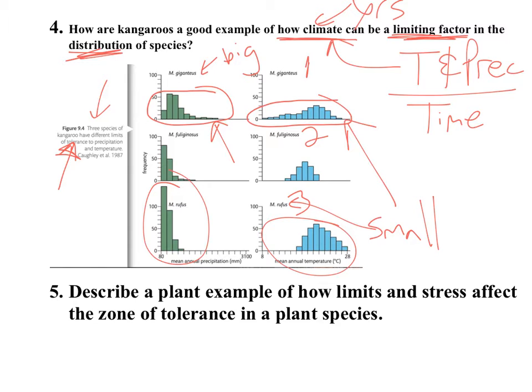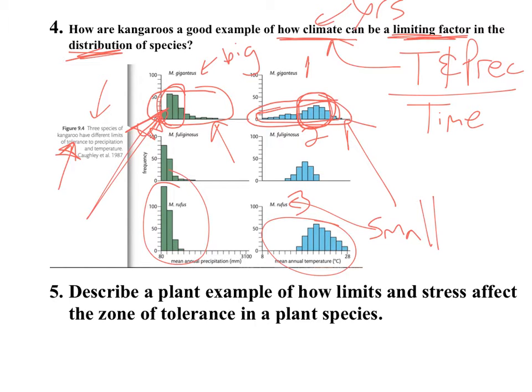What this is saying is the big kangaroo, gigantus, is limited in its level of tolerance. So gigantus only exists in certain temperatures. They struggle most of the time though. And they only live with a certain amount of precipitation. So that limiting factor is actually stronger.